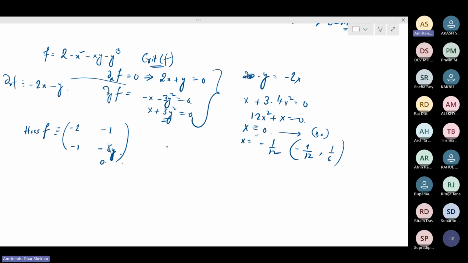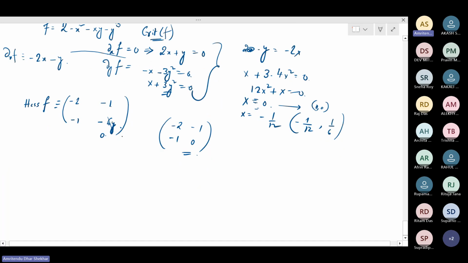So the Hessian over here is minus 2, minus 1, minus 1, 0. Now you have to take the eigenvalues of this matrix. This is my Hessian of f. So you have to solve the eigenvalue equation, which is the Hessian of f minus lambda I2 is equal to 0.